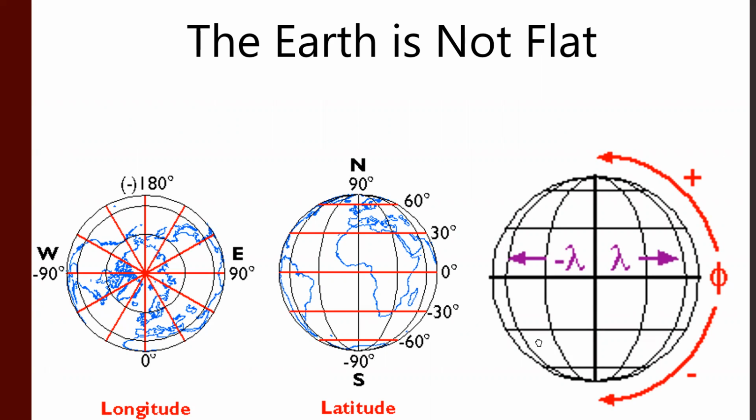As we are thinking about our spherical Earth, we generally conceptualize and represent the Earth as a sphere using two directions or two axes of measurement, latitude and longitude.